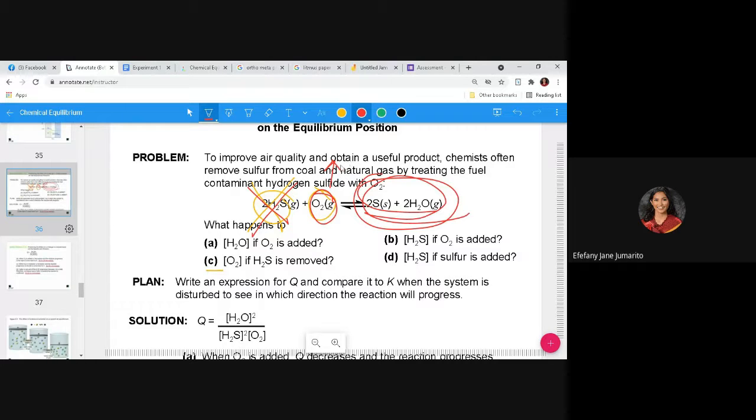And then what will happen to the reaction? What will happen to the direction? What will happen to the system? It will shift to the left. Example, this is your system. Class, the whole thing is your system.